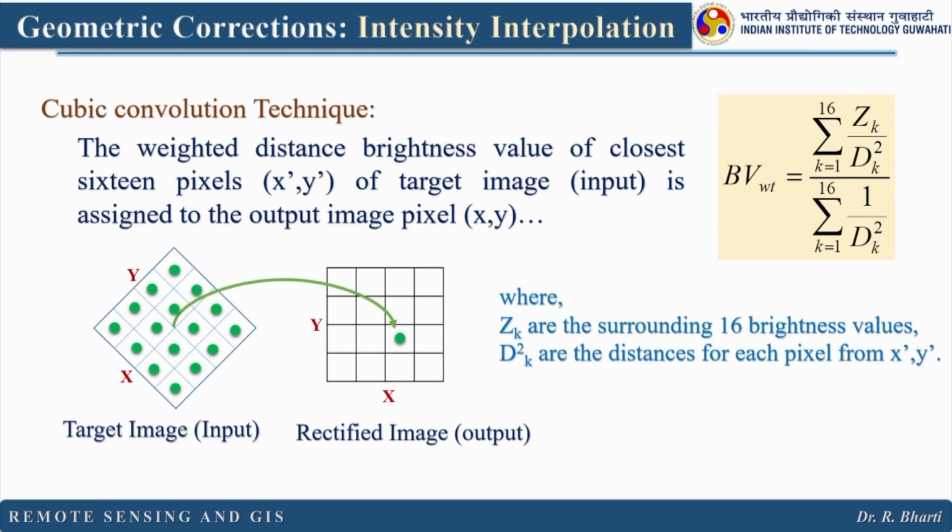But if you see the first case, in nearest neighbor, we have not done any averaging. Ultimately, why are we using this remote sensing data? To derive some information. So, I will suggest that if you are going to use this for any quantitative analysis, then you are supposed to use the nearest neighbor interpolation method.